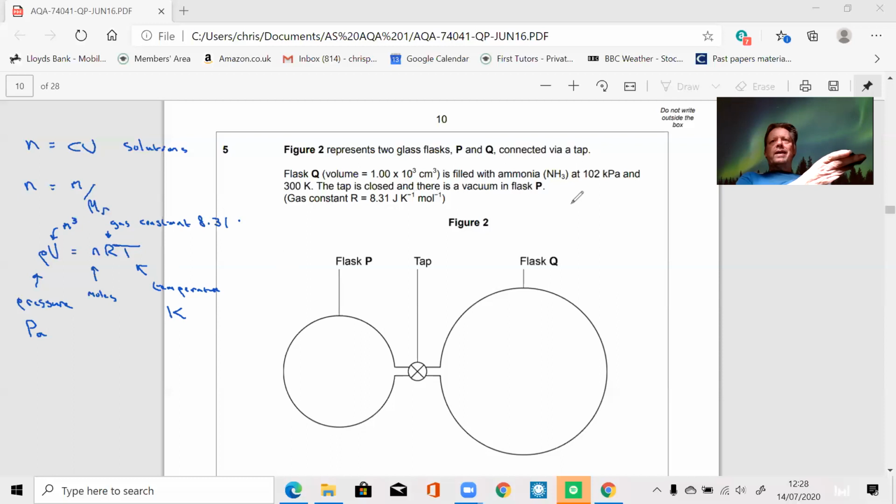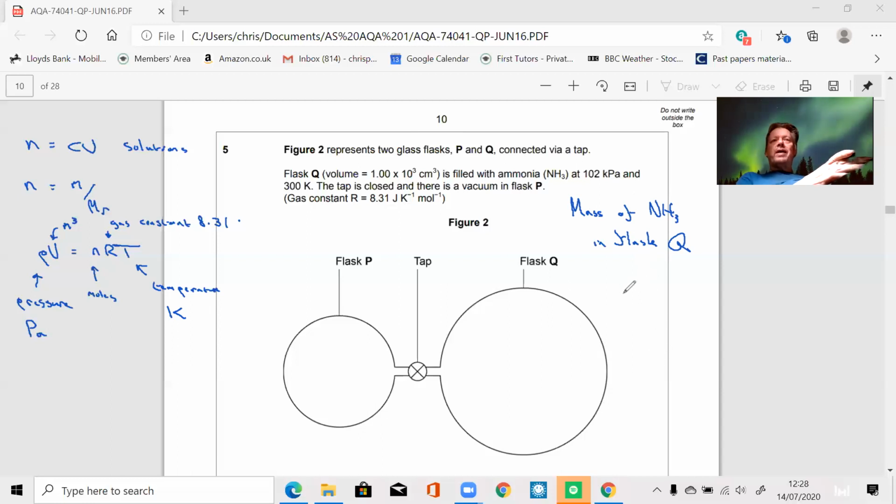Right, what we need to do is find the mass of ammonia in flask Q. That's the big one. How do I know that's what they want us to do? Because that's what it says down there. I just don't want to scroll down because I want to keep all the information on the screen that we actually need.